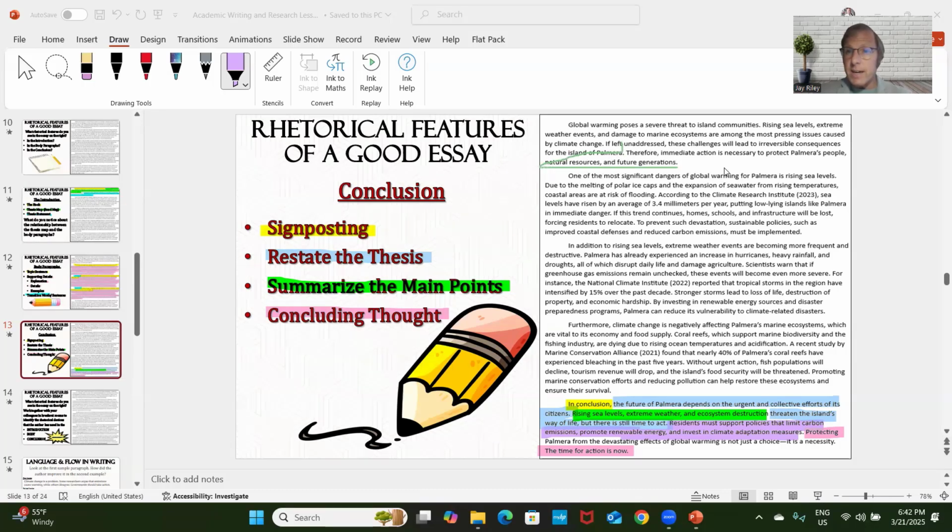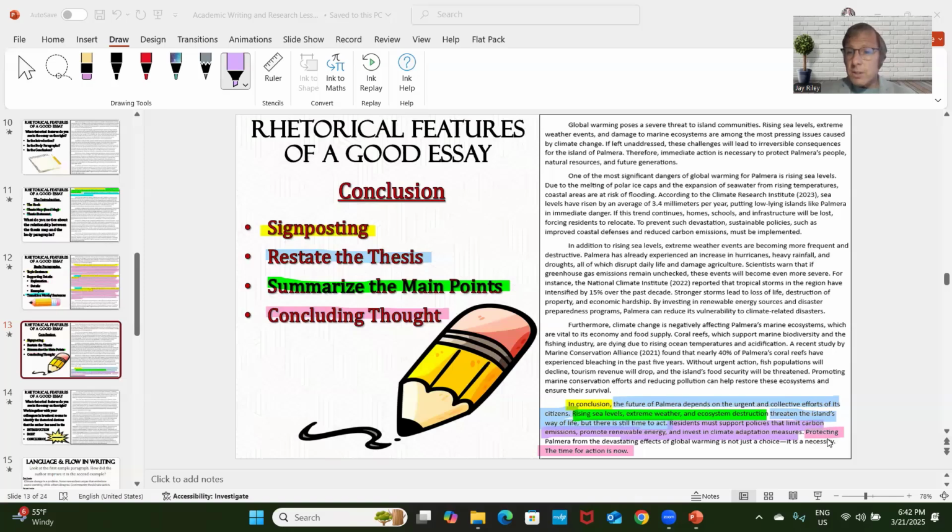That's tied right there to our thesis statement up here. And then in green, we've got our three main points. There's rising sea levels, extreme weather, and ecosystem destruction. And we see all of that up here in each of these three paragraphs. And we also see it mentioned up there in our introduction. So all of those things tie together.